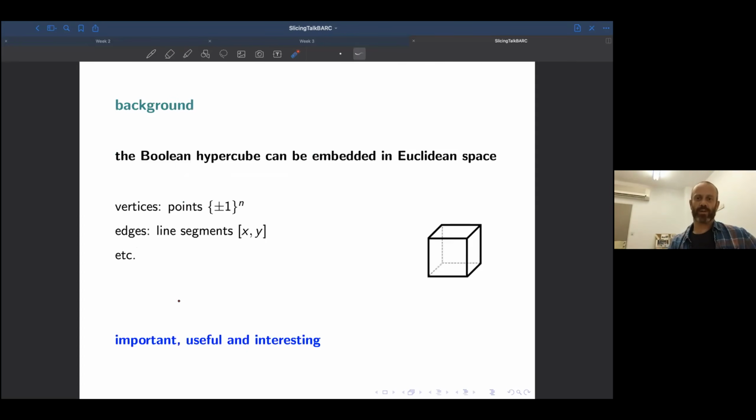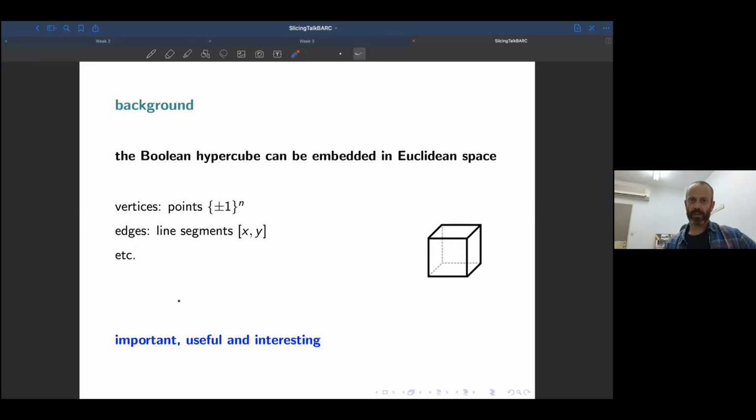So I'm starting with a very high level introduction. The basic object I want to talk about is a geometric embedding of the Boolean hypercube.